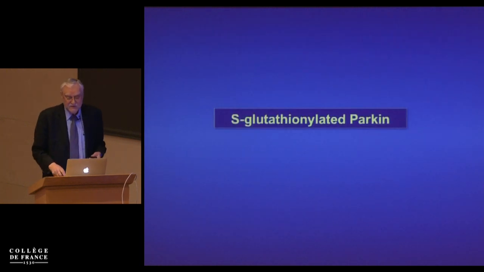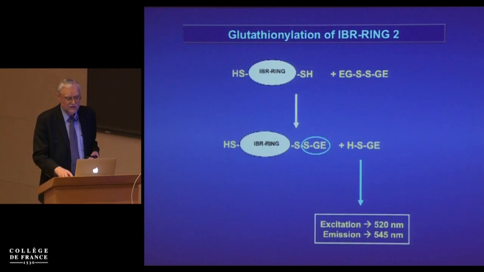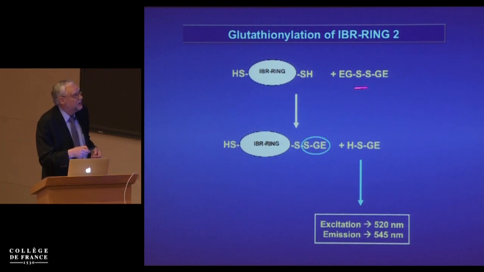And we can use this, we can glutathionylate Parkin. In this case, we have taken the thing here, reacted it with dieosine diglutathione, and you get a glutathionylated molecule here, and you set free this one.